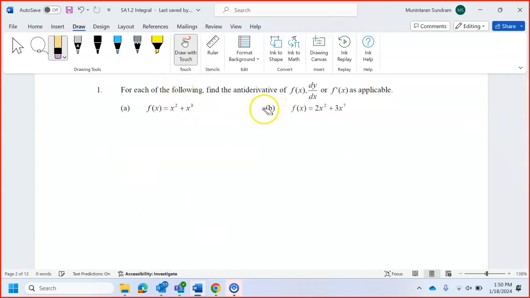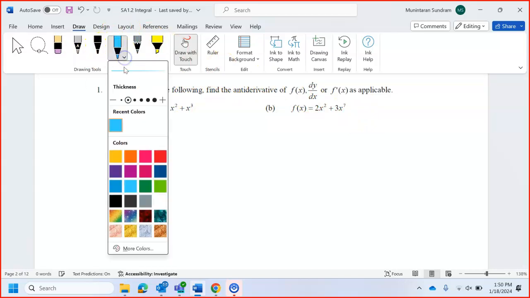For each of the following, find the antiderivative. Here it is quite important for you to know: if you look at it, there are three different things.